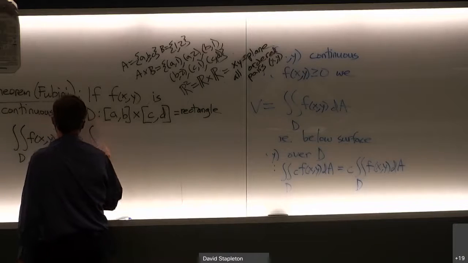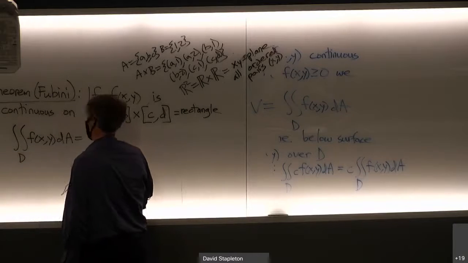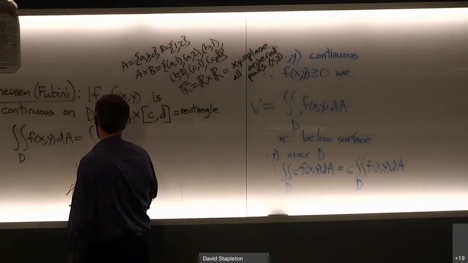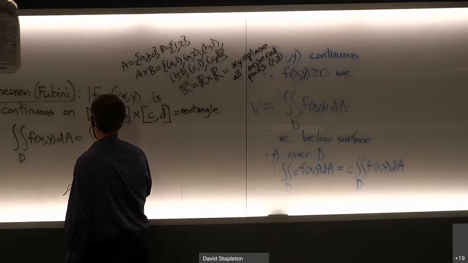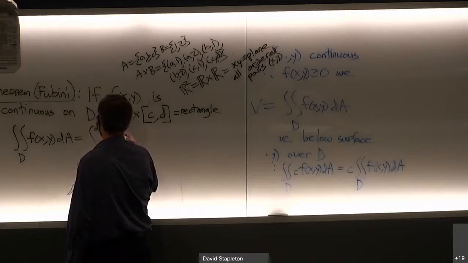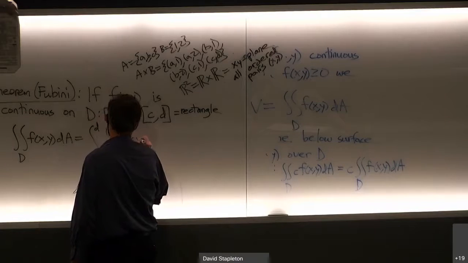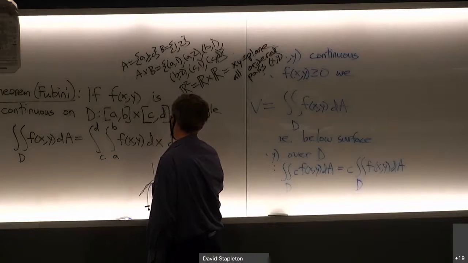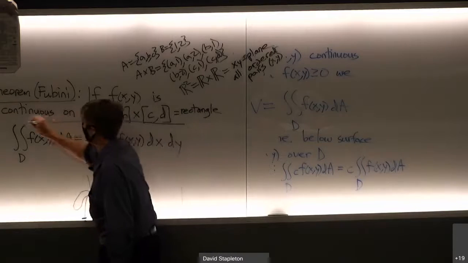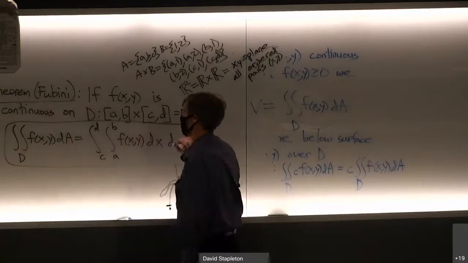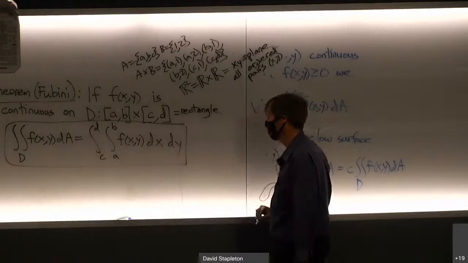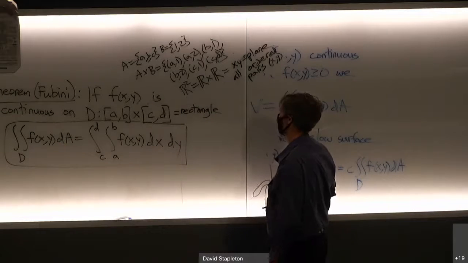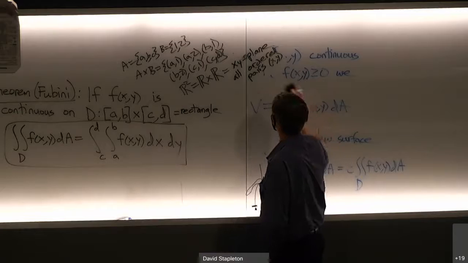And it's actually equal to the iterated integral, x going from a to b and y going from c to d, of f of x, y dx dy. That's the big theorem. This is what allows you to evaluate these integrals over a rectangle. And like I said, we'll get a better theorem for non-rectangles.